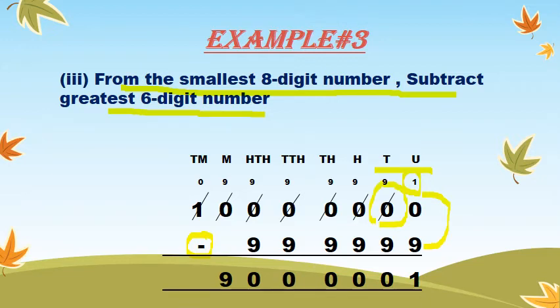We will move towards the next digit, but it is again 0. Moving towards left, further we have 0 till millions. So let's borrow 1 from 10 millions place and make the 0 next to it a 10, and then subtract 1 by 1, and lastly we will get 9,000,001.